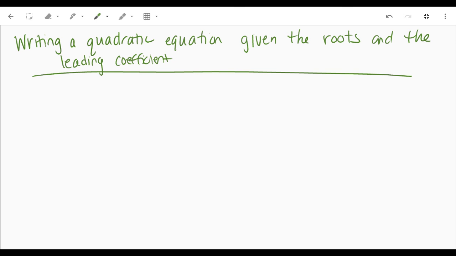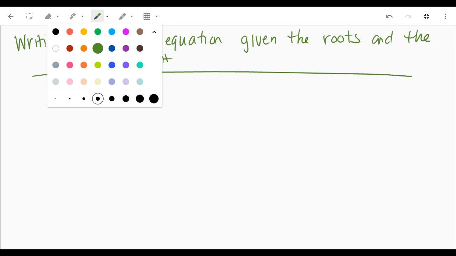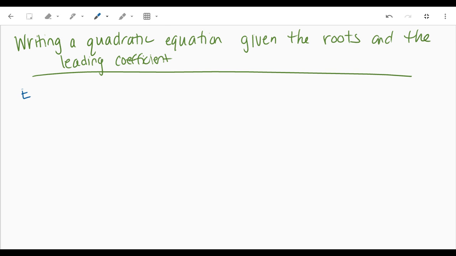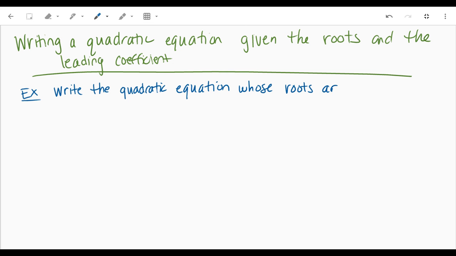Okay, so an example on this guy is: write the quadratic equation whose roots are negative 4 and 2, and whose leading coefficient is 2.